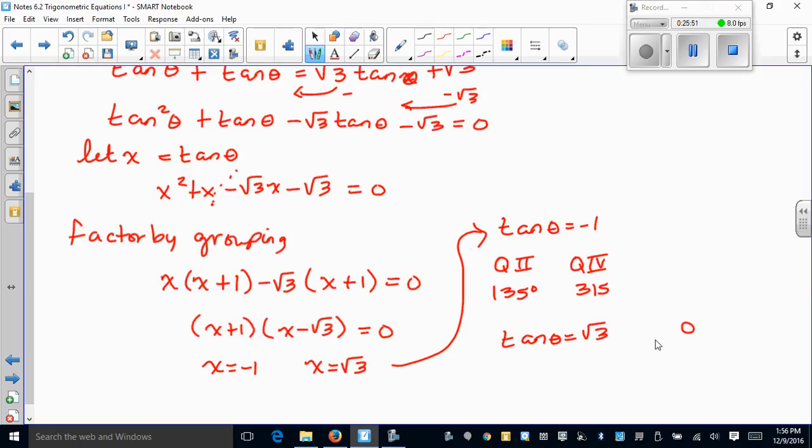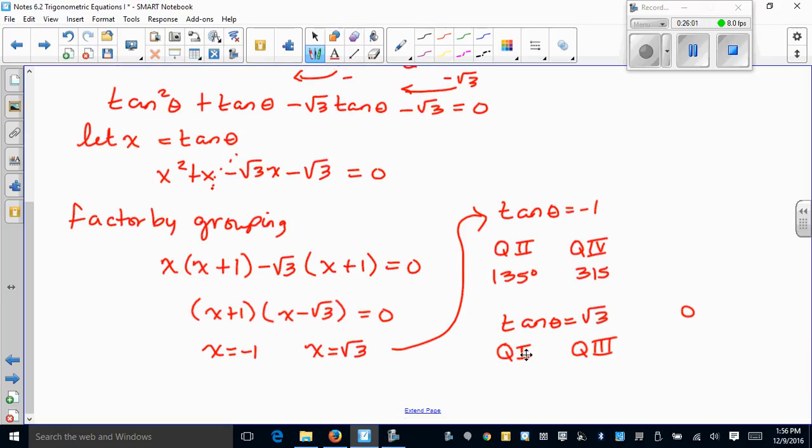We're going to be in quadrant 1 and quadrant 3. And this is where you look at your chart and find that this happens at 60 degrees, and 180 plus 60 is going to give you 240 degrees. And there are 4 angles.